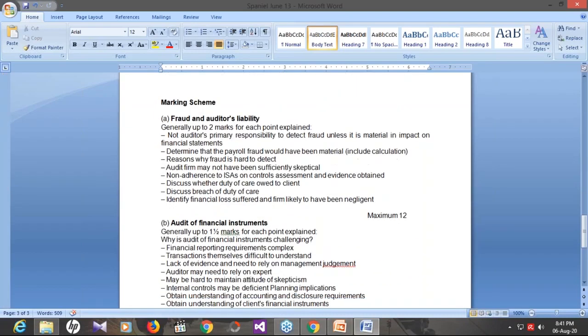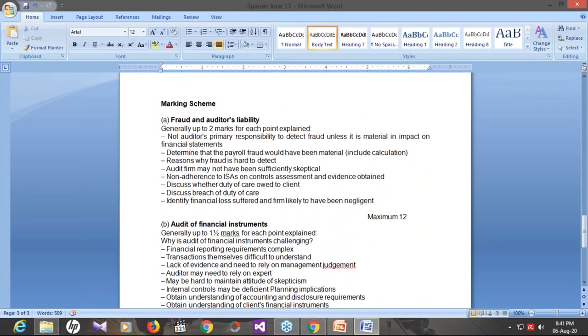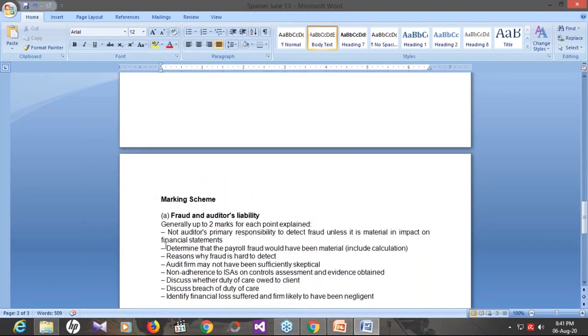This is the marking scheme. Not the auditor's primary responsibility. Yes, you can state the actual responsibility stays with the management, but the auditor is partially responsible. Payroll has a material impact by calculation, of course.